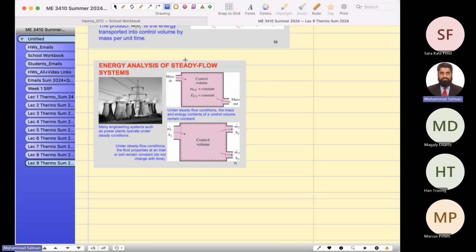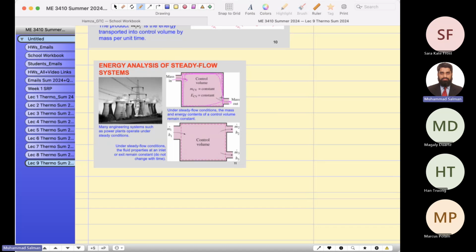Steady flow is a flow in which the device contains the same energy and mass throughout the time. For example, the mass in the device is 1 kilogram of air. After 1 hour it is 1 kilogram of air. After 2 hours it is 1 kilogram of air inside the device. It is not changing. Whatever fluid goes in comes out after filling up the whole device.